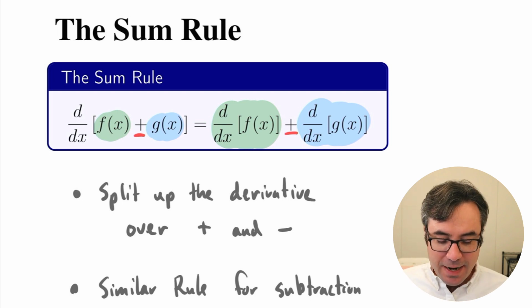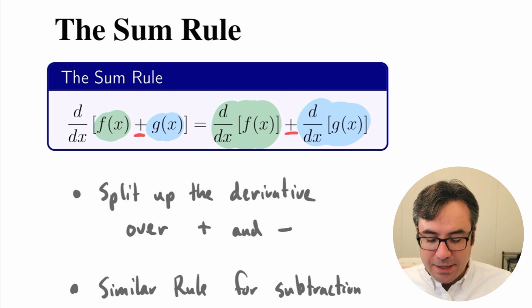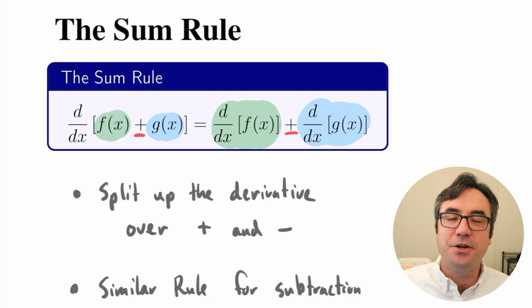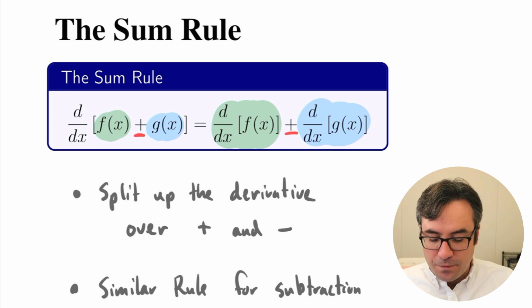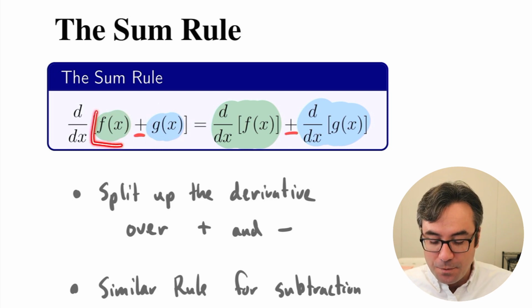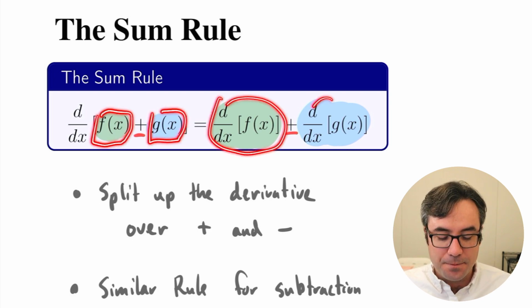But the thing to keep in mind is that the addition and subtraction give us the spaces in our function, and the variable parts are like the words of our sentence. We're just going through term by term, word by word, and differentiating each of those pieces on their own.